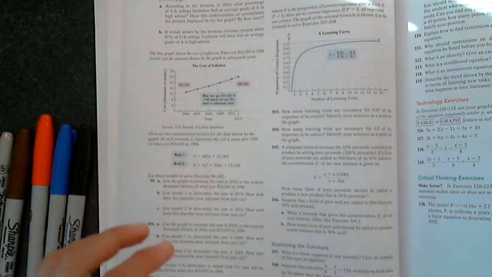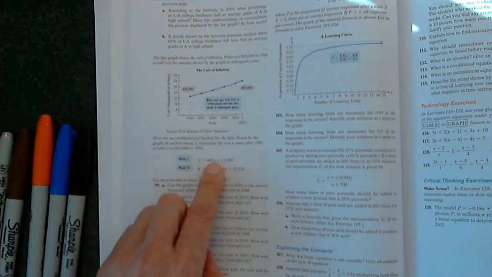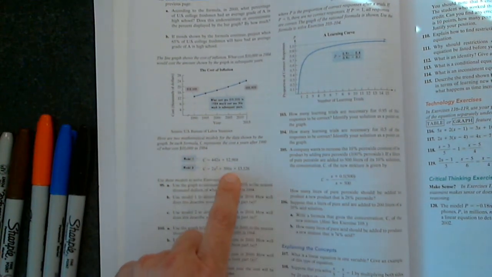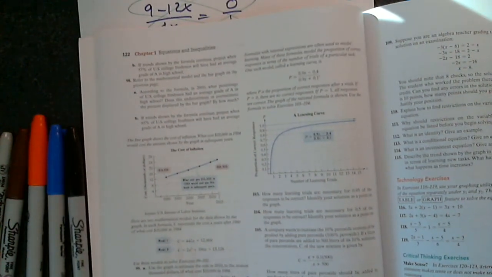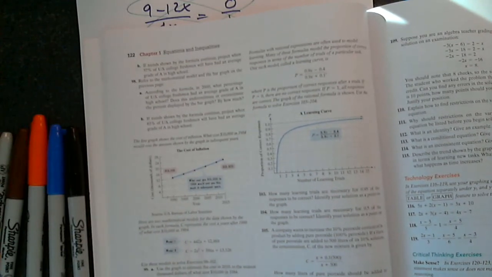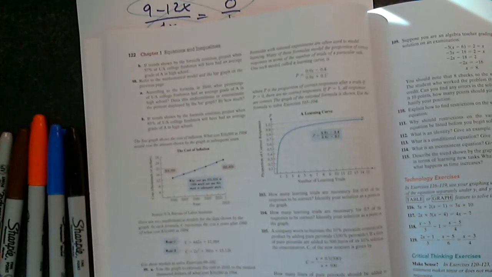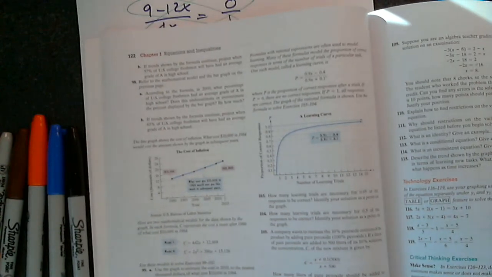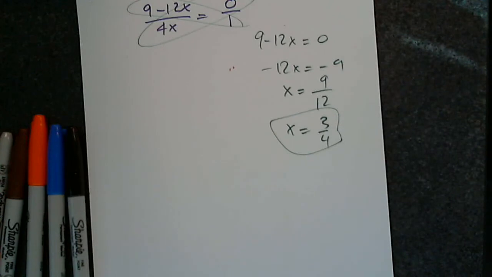So all I have to do is, in this cost function, replace x by 20, and in this cost function, replace x by 20. Whichever of these two gives me a closer number to between 21,000 and 22,000, I will say is a better model. Does it make sense? Okay, so let's plug it in. I didn't copy the models.